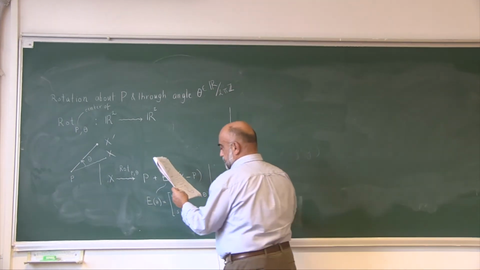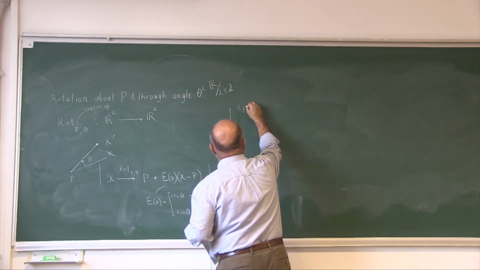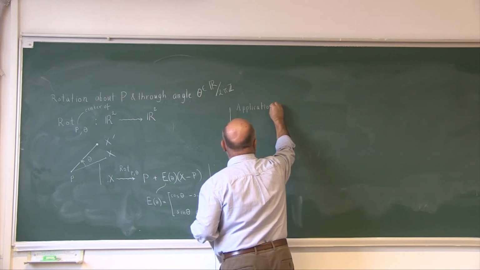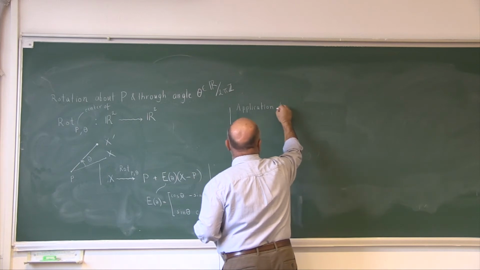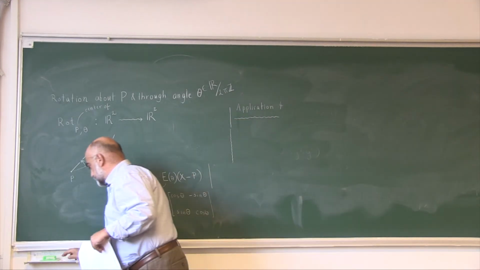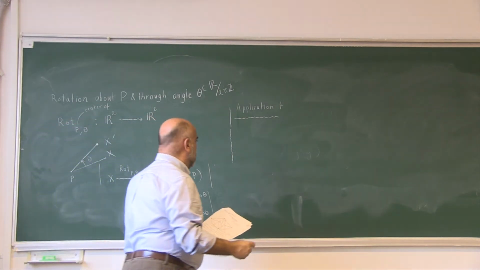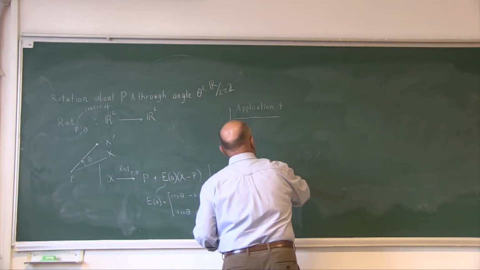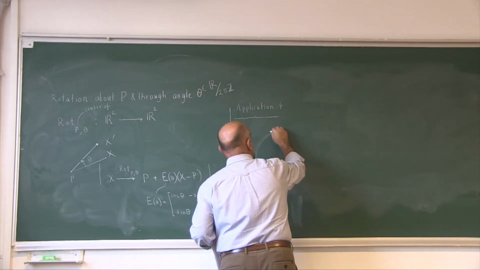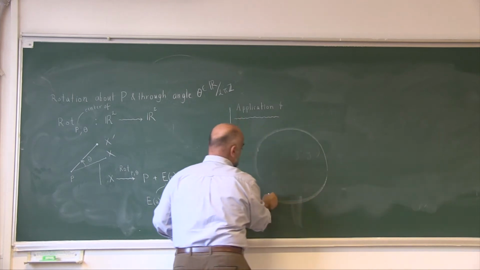So, application, let's say. Now this is a very simple elementary result, yet I think the fourth application, I'm not quite sure how many applications I gave you. Okay, so this is about a triangle, and this is about an equilateral triangle and its circumcircle. Well, the result is rather surprising.